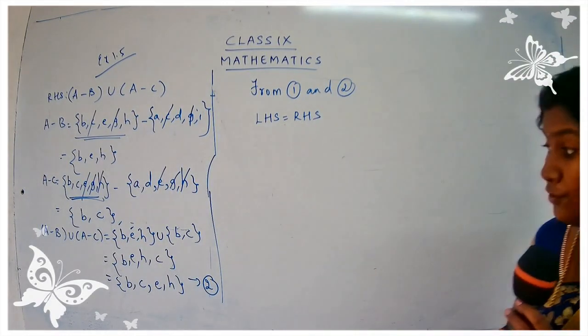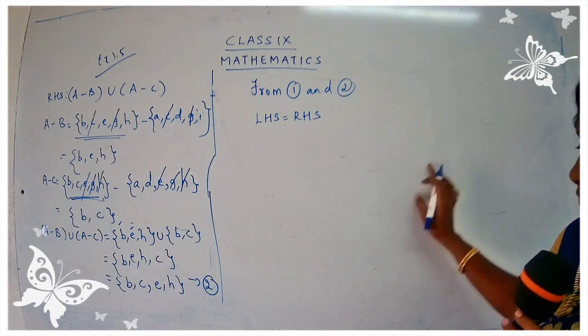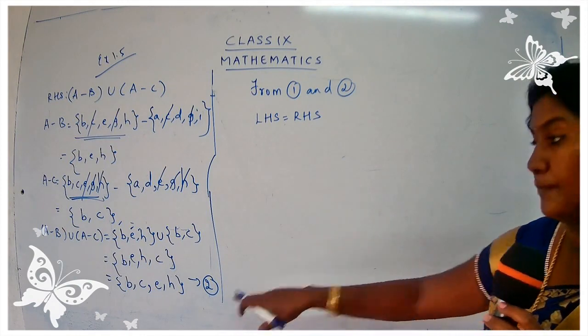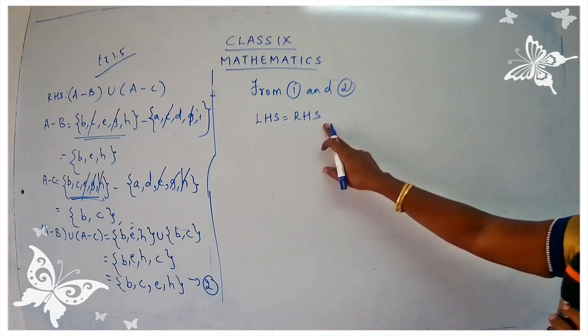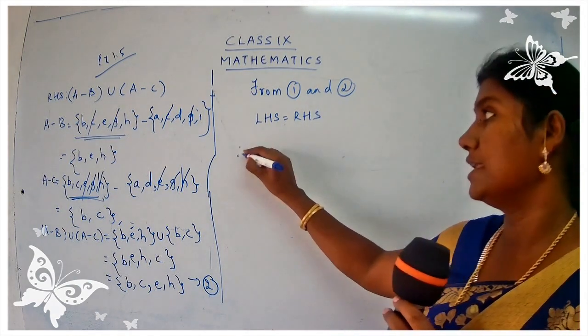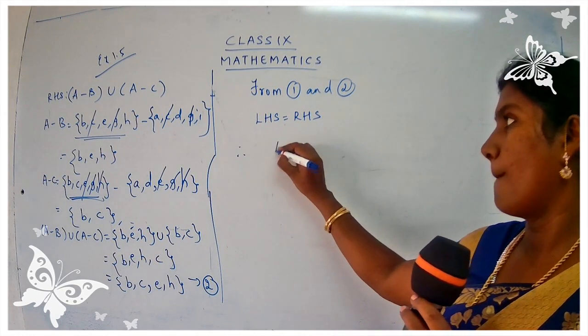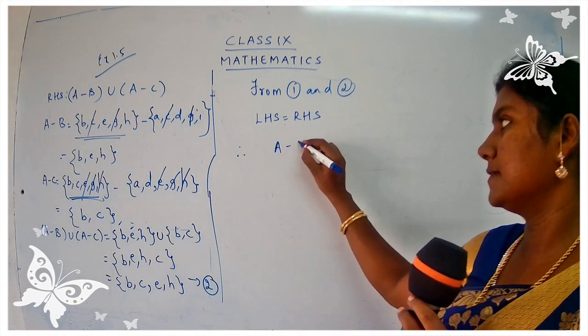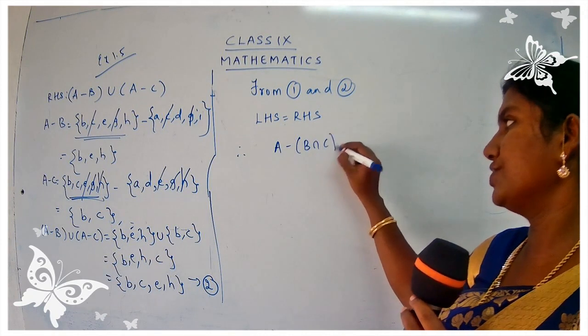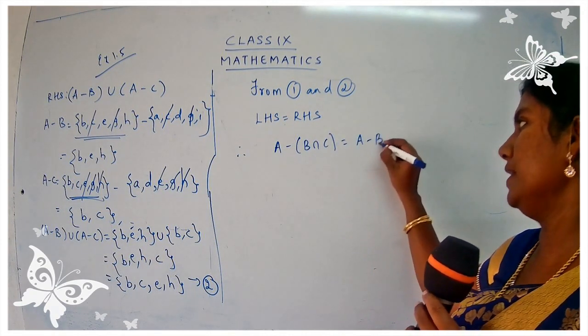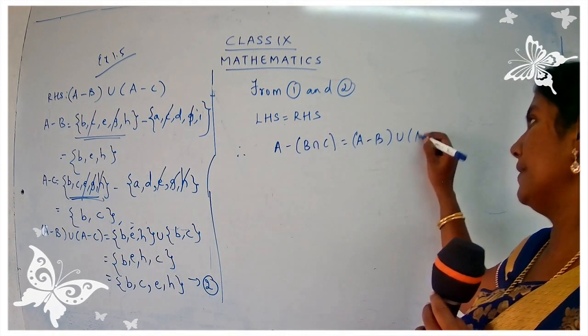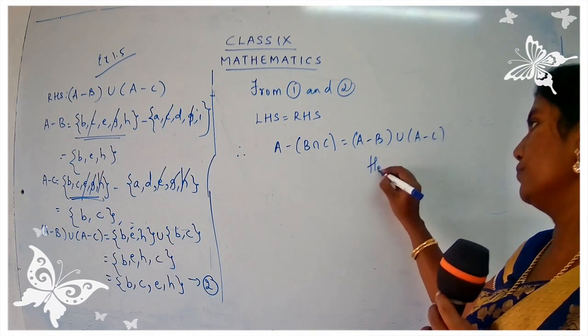So from where do you get LHS is equal to RHS? From 1 and 2. I have given the number there 1 and the number 2 here. So from 1 and 2, LHS is equal to RHS. Therefore, A minus B intersection C is equal to A minus B union A minus C. Hence proved.